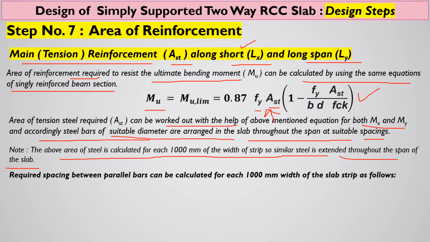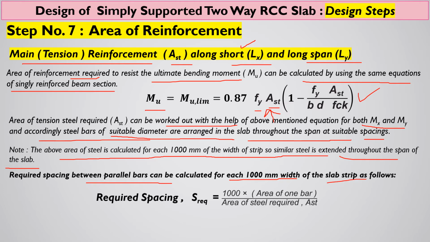And the required spacing between these parallel bars we can calculate for 1 meter width of the strip as follows, which we have already discussed in the previous classes also. So that means required spacing you can work out by this equation. This is the width of the strip, and the area of one bar which we have assumed in the earlier sections, and the area of steel required which you will be getting from this formula.